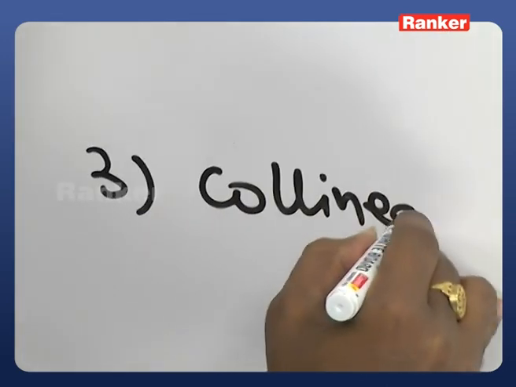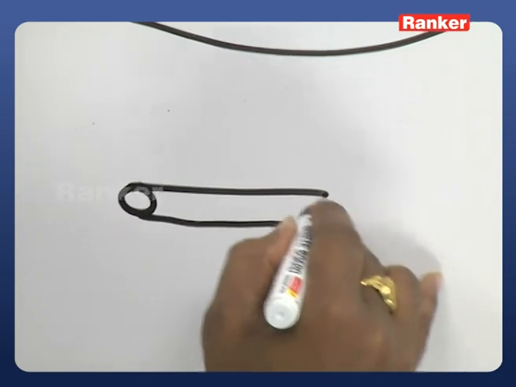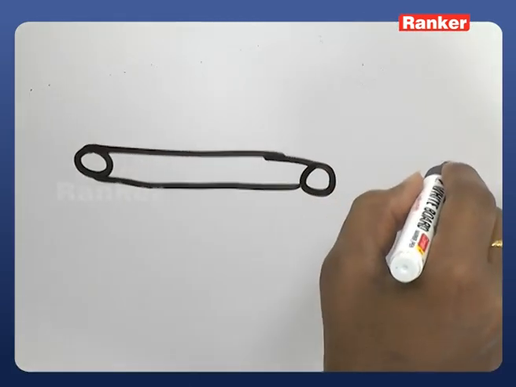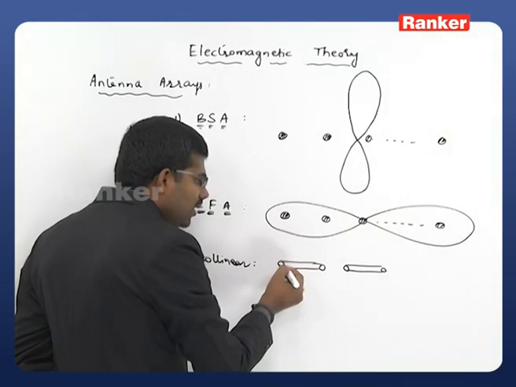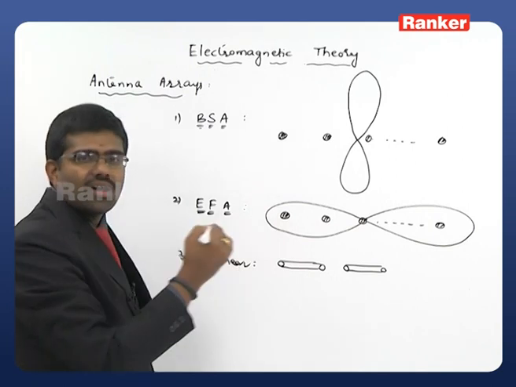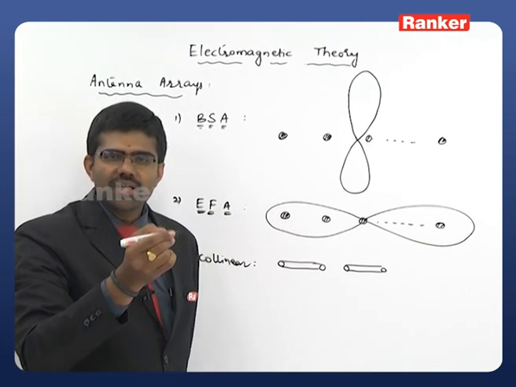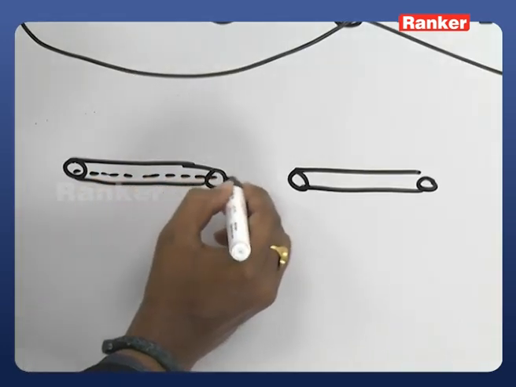Collinear array means all the elements will be placed like this. This is the axis of one element and this is the axis of another element, and these are parallel. They are on the axis of the array. Here clearly the axis of the element as well as the axis of the array are on the same line.